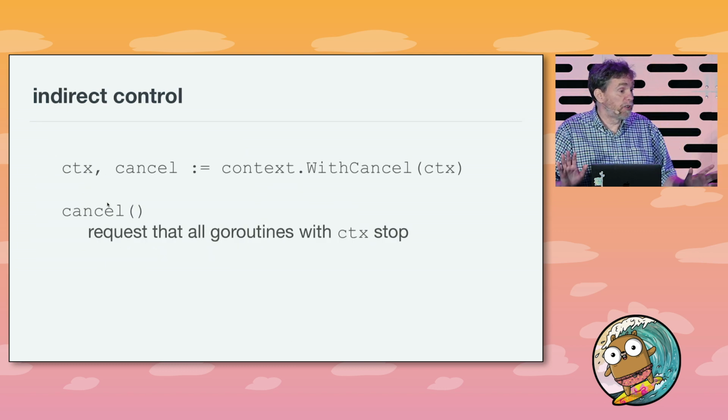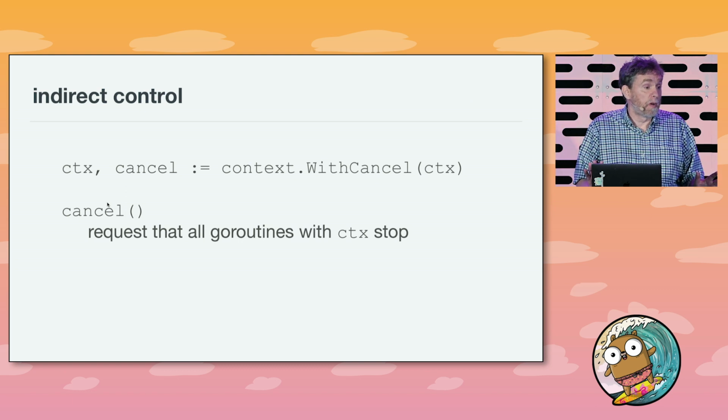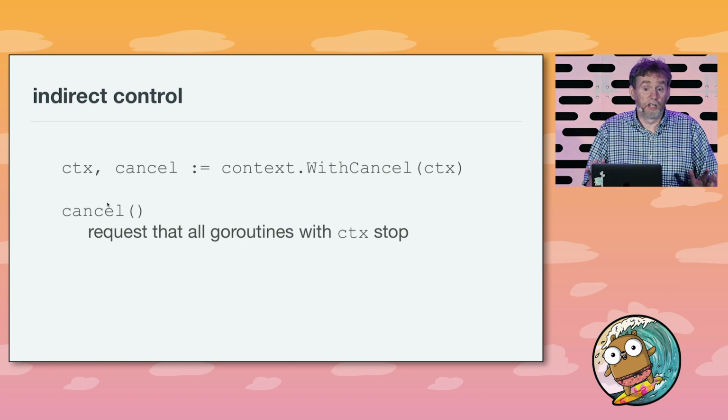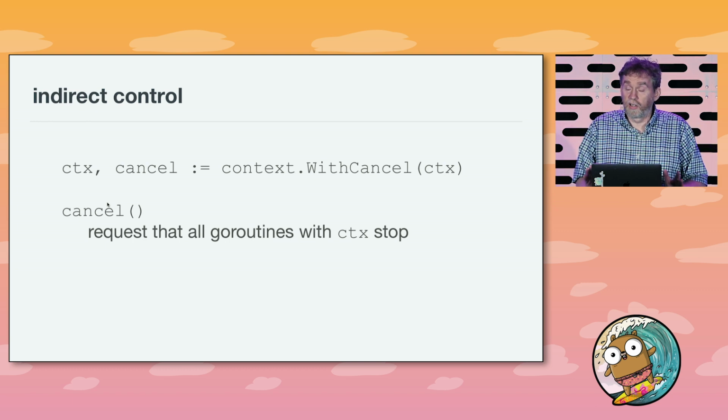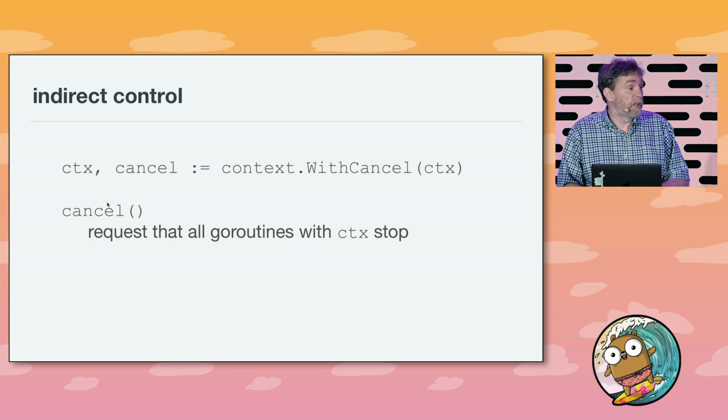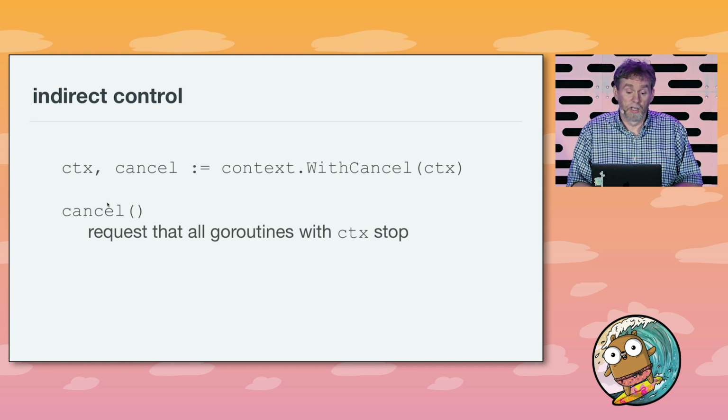Now, those are ways we can directly control the runtime. But I think it's worth pointing out that context, in a sense the cancel aspect of context, is another way, perhaps an indirect way, that people are using to control the runtime.